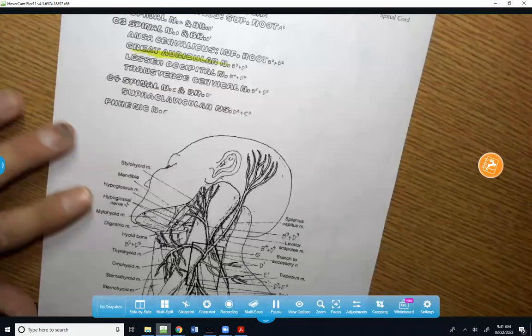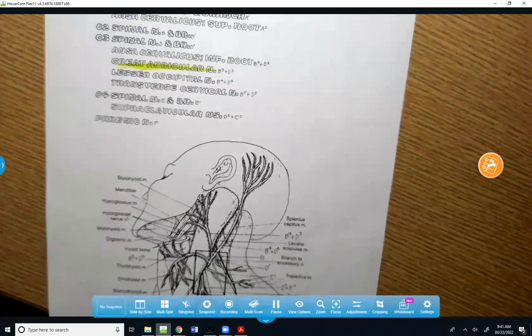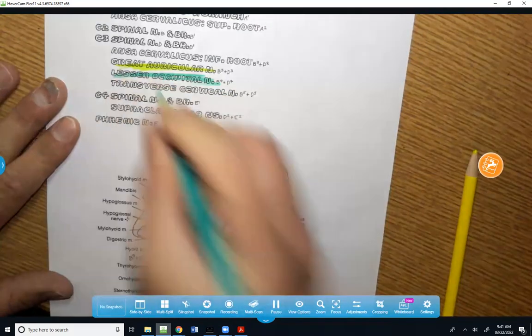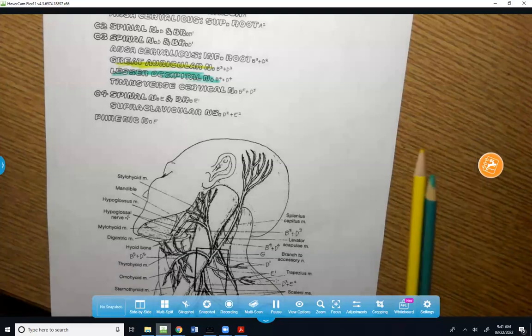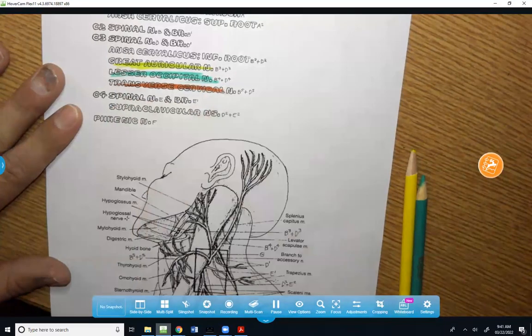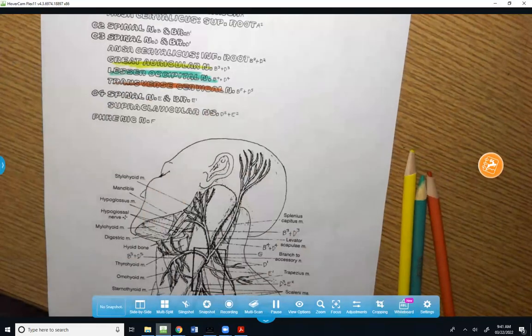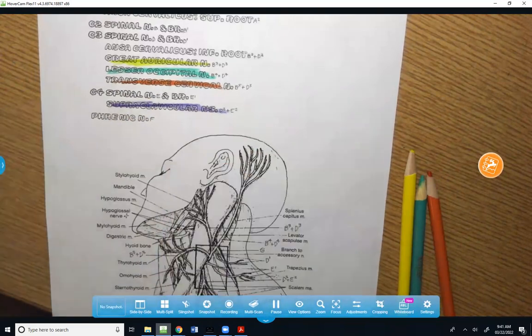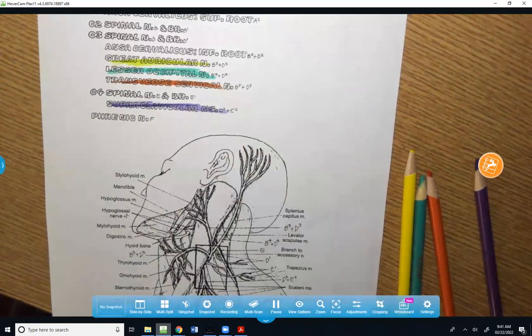We can't see them all, like I said, but we can see a few, like this great auricular, okay? The lesser occipital. I will color that kind of green color. Transverse cervical, and then the supraclavicular. Now, based on their name, if you pay attention to what it is, it's going to tell you where that nerve a lot of times is going to be found.